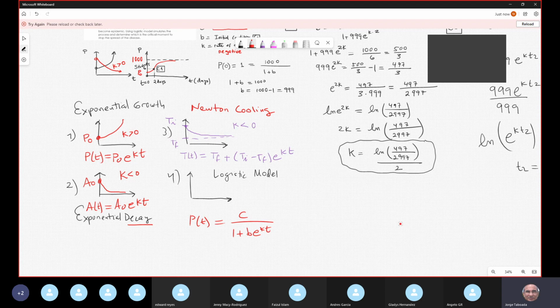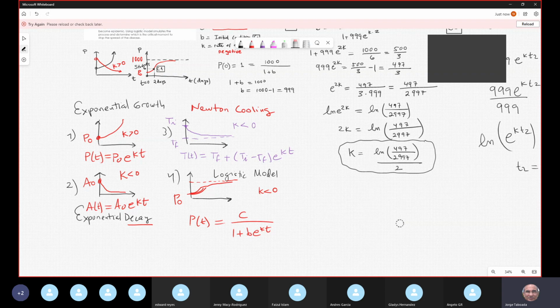In this case, k is negative again, but the function is not decreasing, it's increasing. This is P null, and this is the carrying capacity, which represents a horizontal asymptote, and it looks like that.